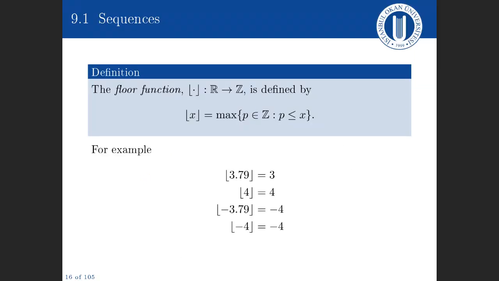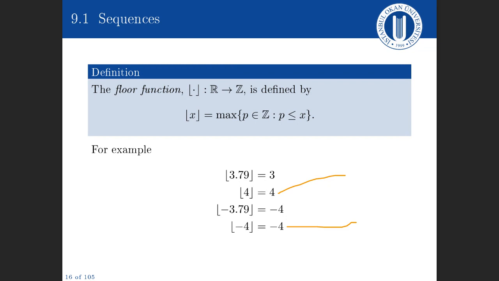And one more example. I'm going to need to define the floor function. The floor function is a function from the real numbers to the integers, and it's defined to be the biggest integer which is smaller than or equal to our number x. So in other words, it's rounding down. If we start with an integer such as 4 or minus 4, the floor function just gives us the same number.